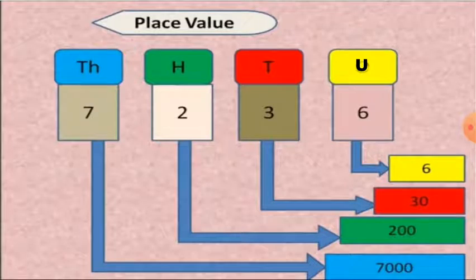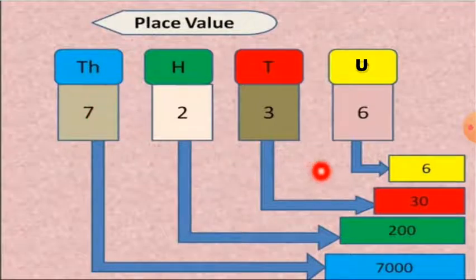Now students, your number is given: 7236, and the place value of this number is given. 6 is at unit place, 3 is at tens place, 2 is at hundred place and 7 is at thousand place.